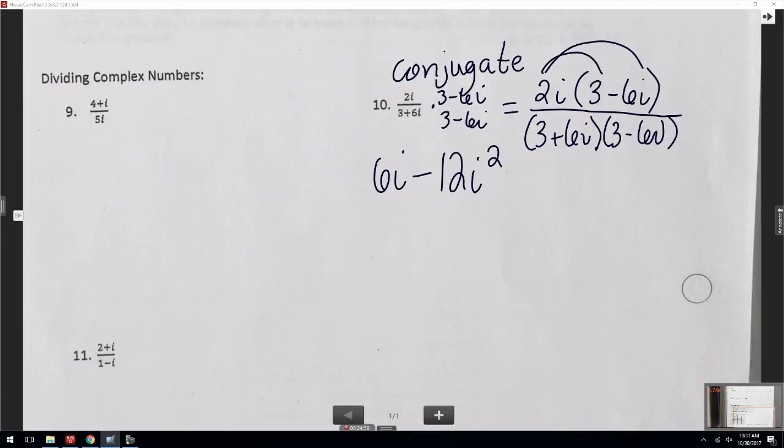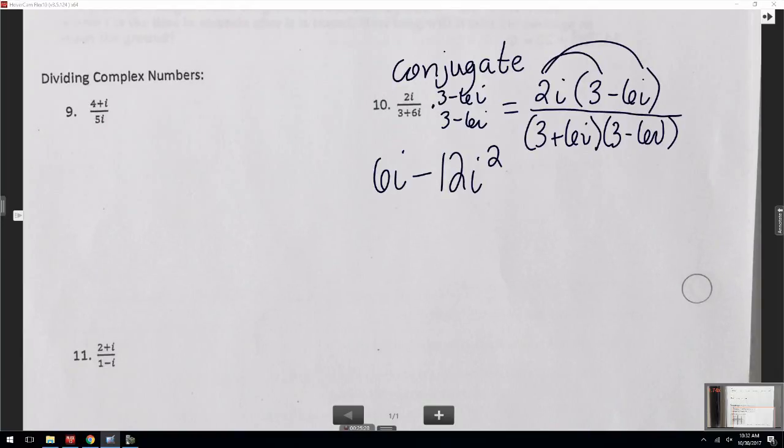All right, so on the bottom, how many terms do you have altogether? 4. So you would normally have to FOIL, right? But it's a conjugate, so you don't have to FOIL the whole thing. What would cancel? First, outer, inner, last. Which one? Inner. And what would it cancel with? Outer.